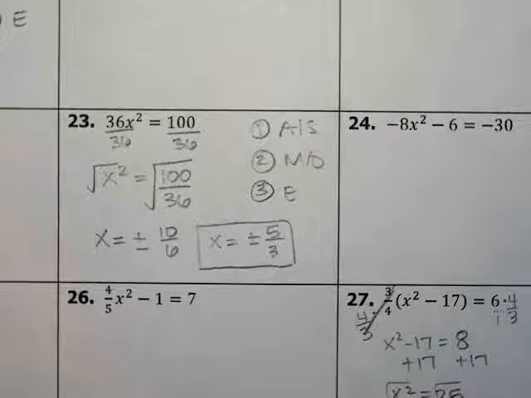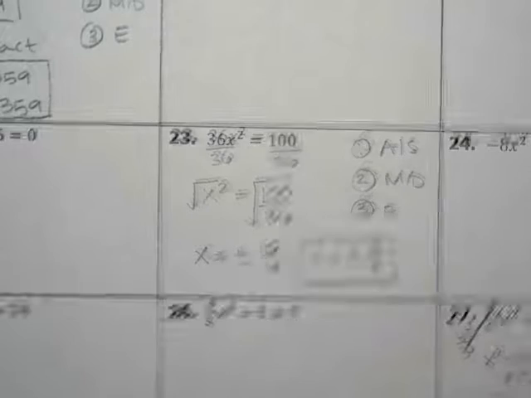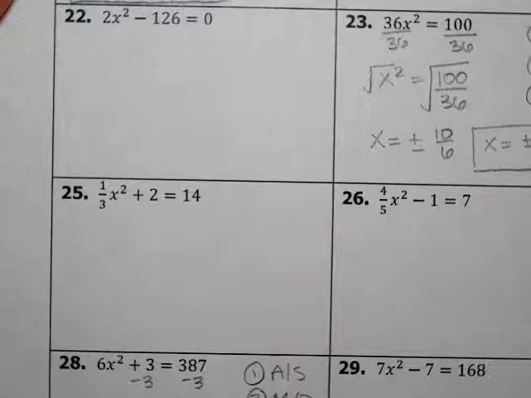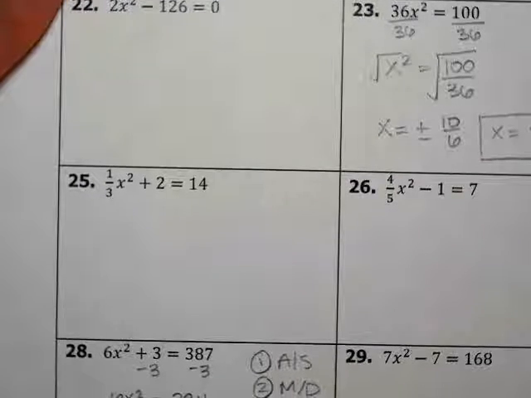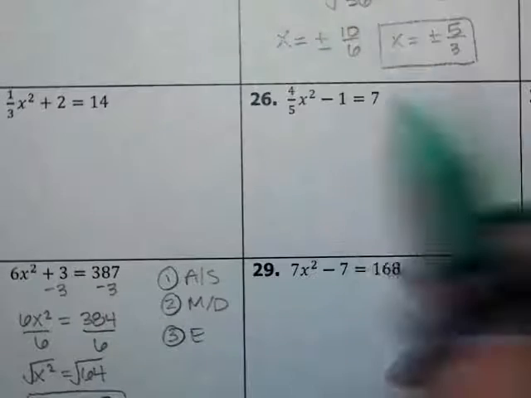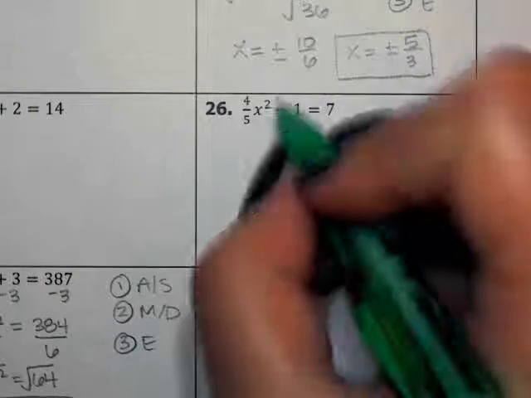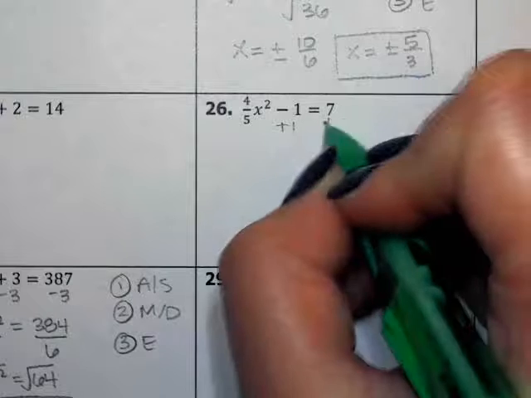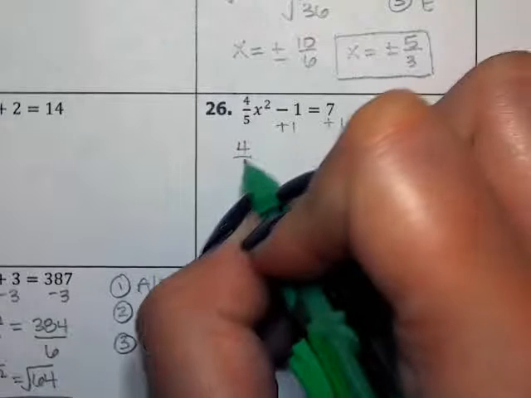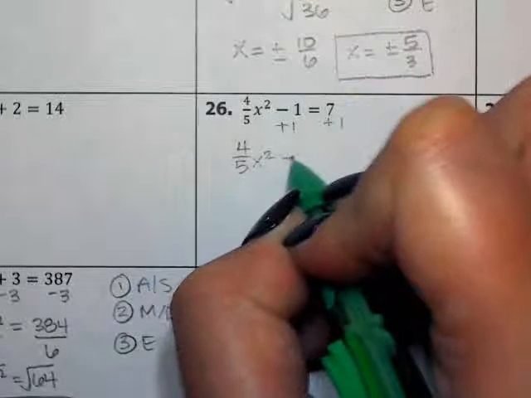Okay. Do we need to do 25 or 26? Sure. All right, which one do we want to do first? 26. All right. So, what should I do first? Okay. And then multiply.